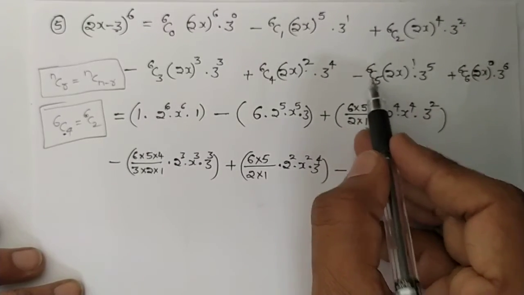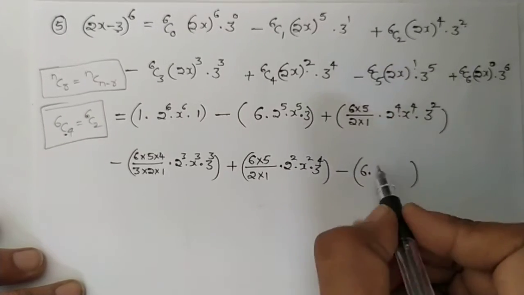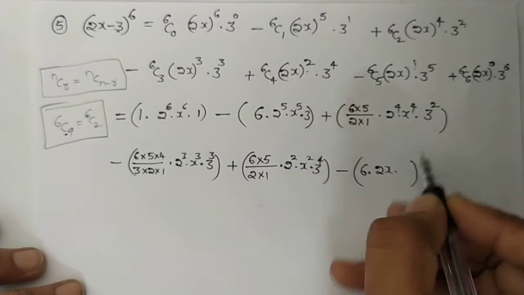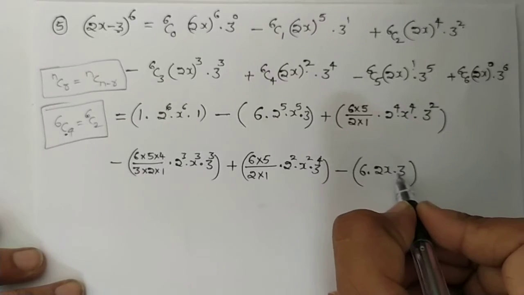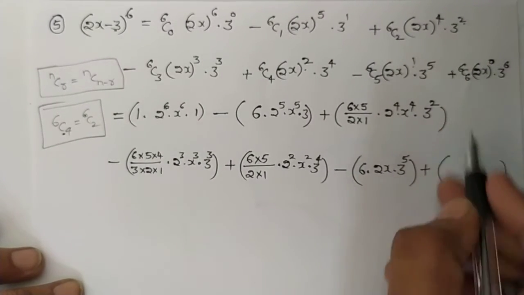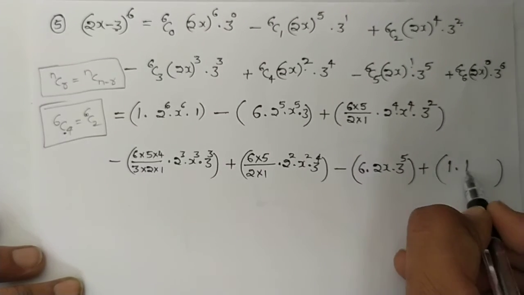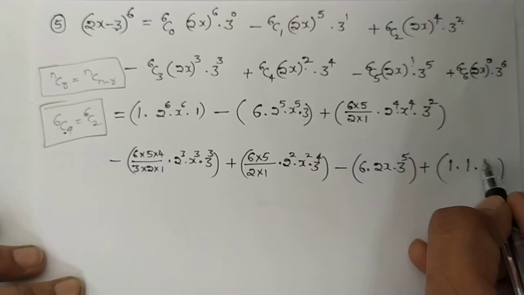next 6c5, 6 into 2 power 1 x power 1, that is 2x, into 3 power 5, plus 6c6, that value is 1, into 2x whole power 0, that value is 1, into 3 power 6.